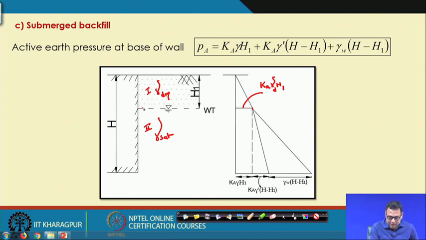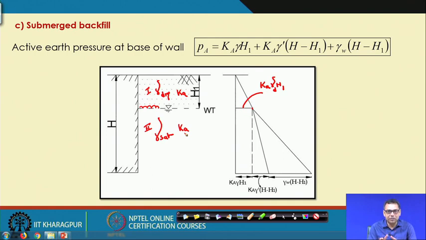This will be K A into that surcharge, because the soil is the same. That is why here also it is K A, here also it is K A. If K A changes, I will discuss that later, and then there will be a different story.